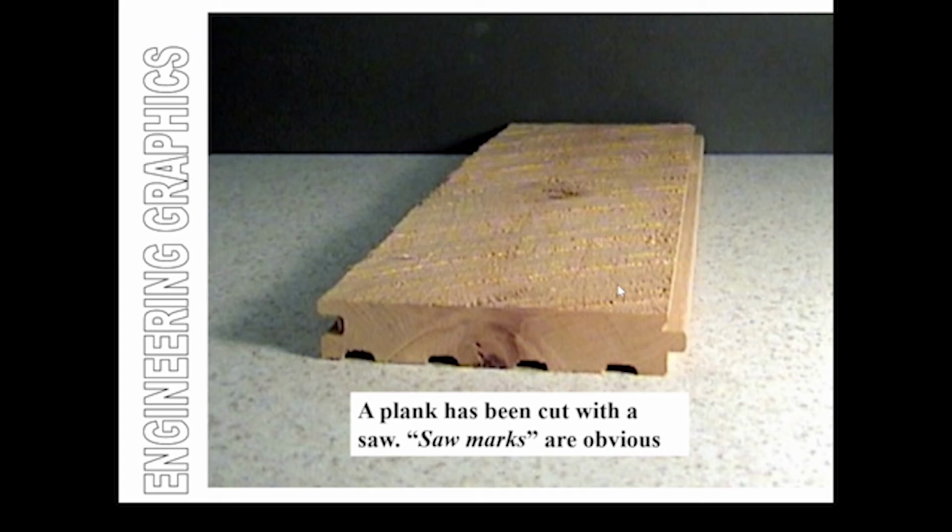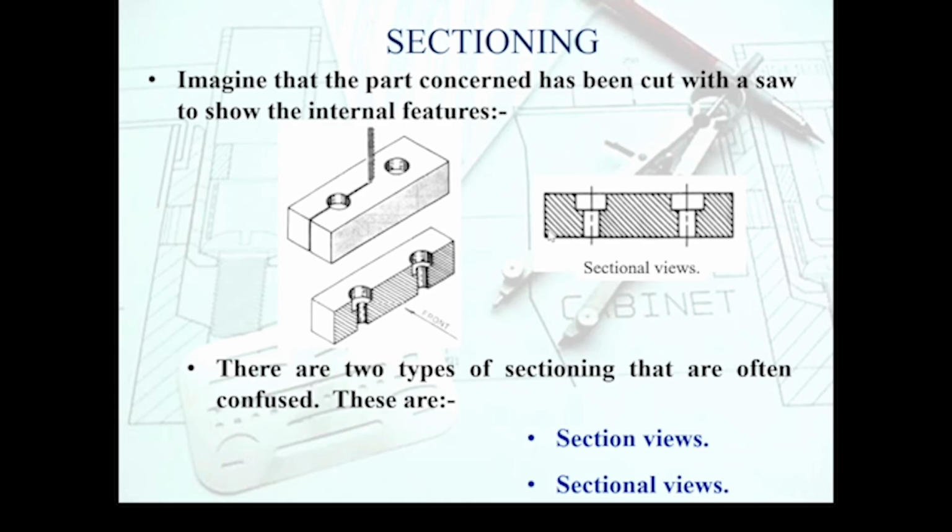Imagine literally cutting a bit of wood which leaves the saw mark behind, and we use a technique called hatching to indicate that something has been chopped, and we are revealing the insides of it so that we can dimension that fully, and also educate the reader about the details that sit within the object, which is more or less every single time when you are working on a part drawing.